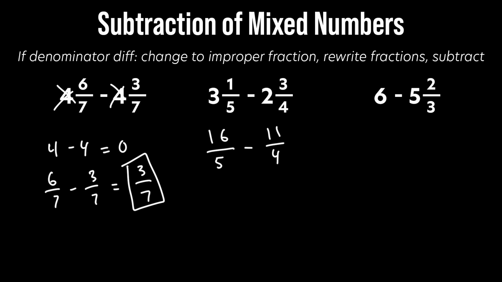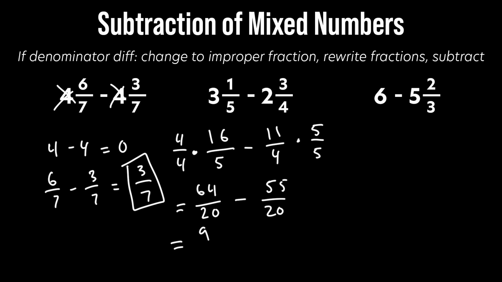So for the first fraction, 16 over 5, we can simply multiply the numerator and denominator by 4. So here we're going to have 64 over 20. And for 11 over 4, we can multiply the numerator and denominator by 5. So we're going to have 55 over 20. We can subtract the fractions now, 64 minus 55, and this is equal to 9 over 20. So that's going to be our final answer.